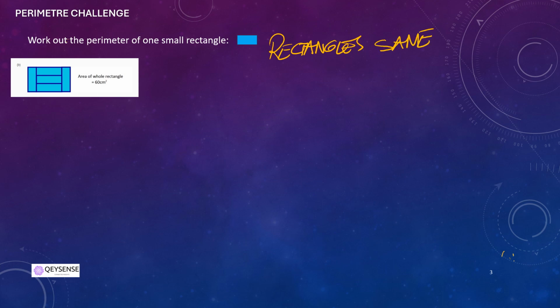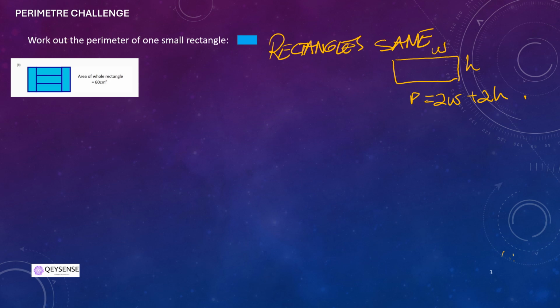What we've got is very similar: we've got the longer side, and the shorter side this time is the height and the width. The perimeter is 2W plus 2H. Again, we've got to find the perimeter of the small rectangle.